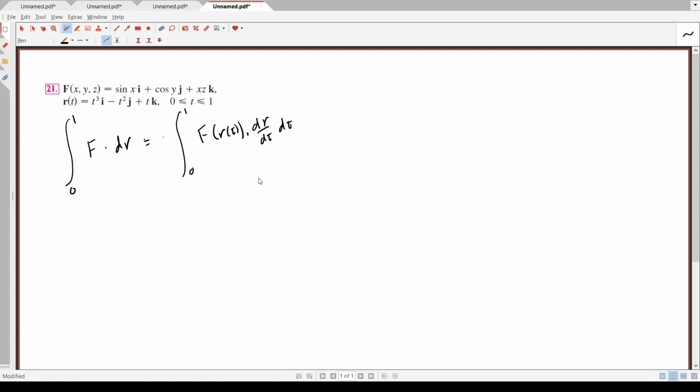Okay, so now let's plug these in. What is f of r of t? I want f in terms of t. Sine of x, well, the x component is t cubed, so this is sine of t cubed.